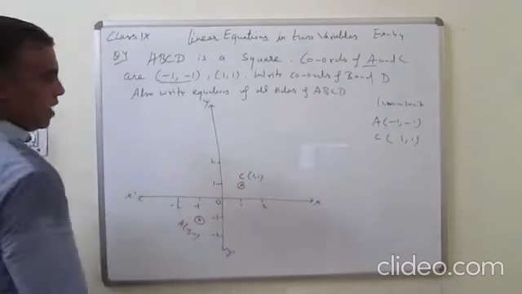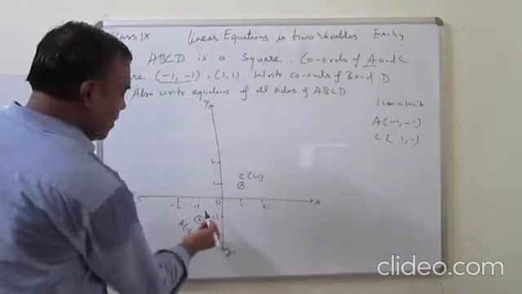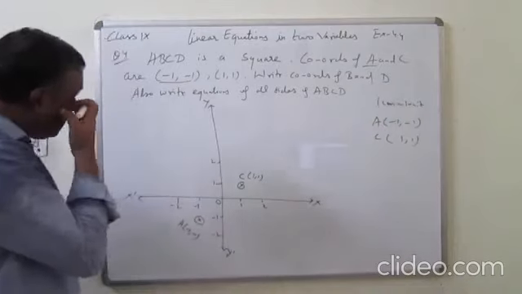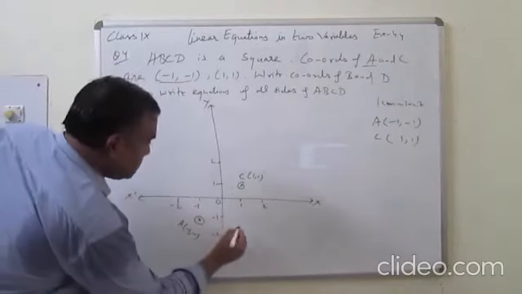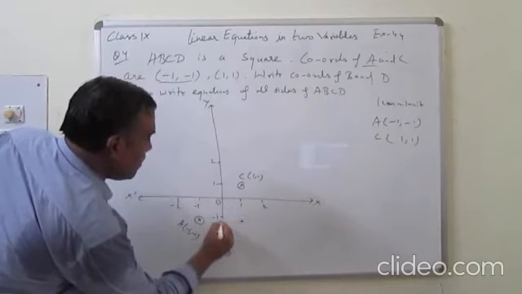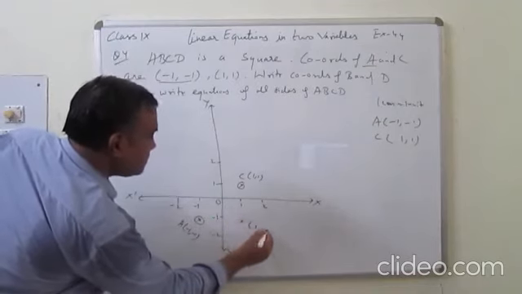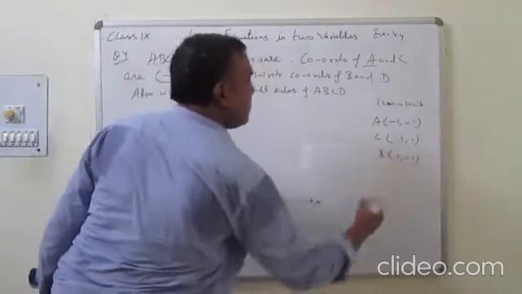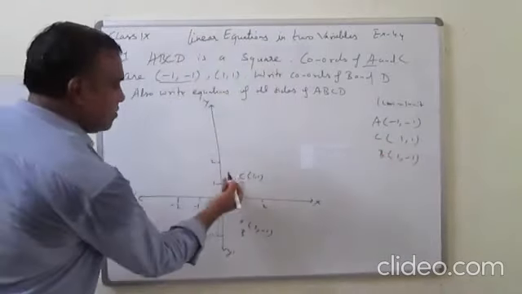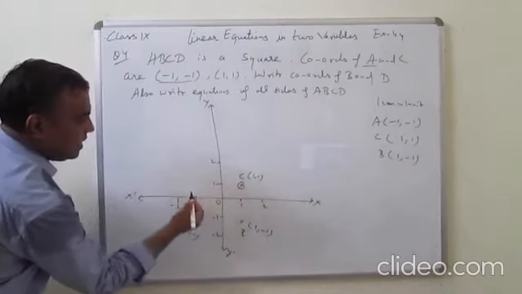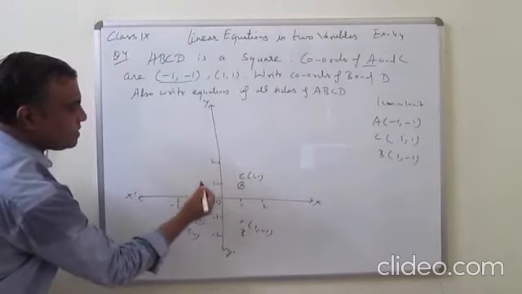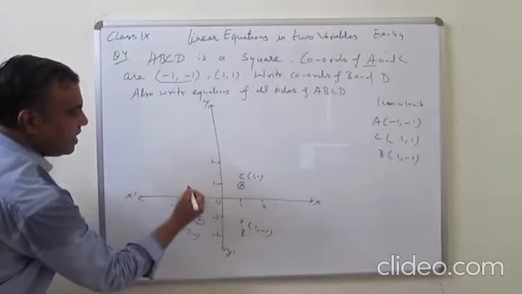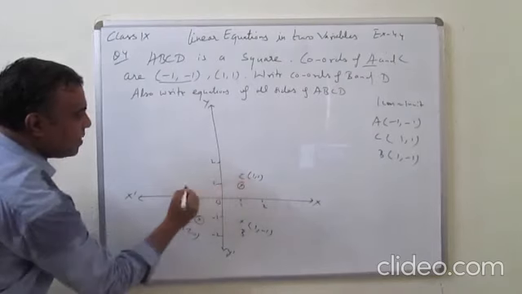Now make a square. If you make a square, what is the point B? B will be the reflection, so what will it become? It is this point, (1, -1). This is B. B is (1, -1). Reflection of C gives D. Taking D opposite to C, y will remain the same, the distance will remain the same, only the direction changes. 1 becomes -1.